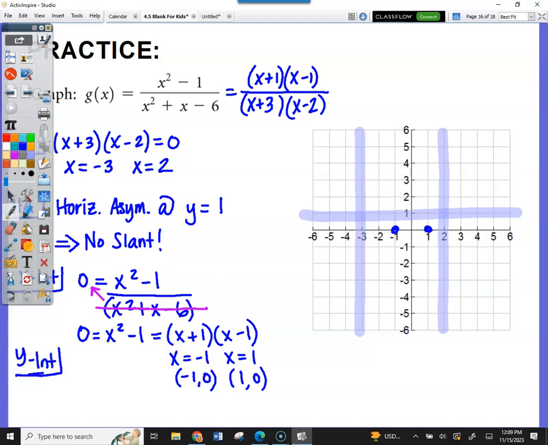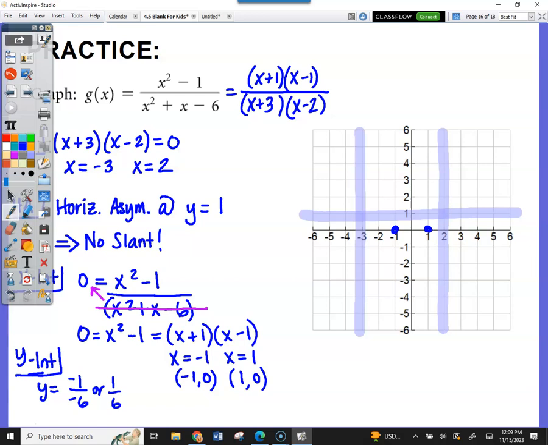The y-intercept is when x is 0. Go to the function, put 0 in for x. What do you notice is left? -1 over -6. So the y-intercept is -1 over -6, which is 1 over 6.